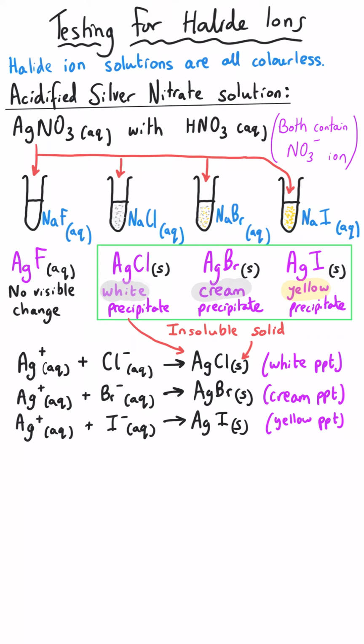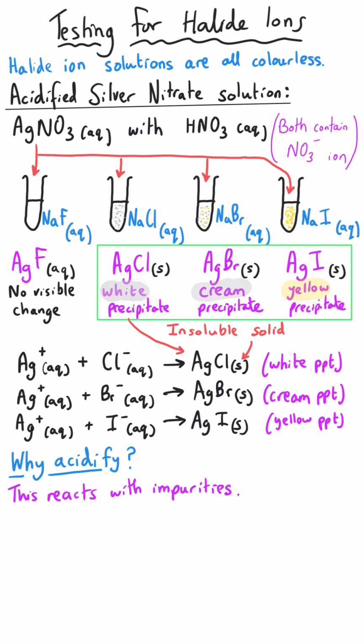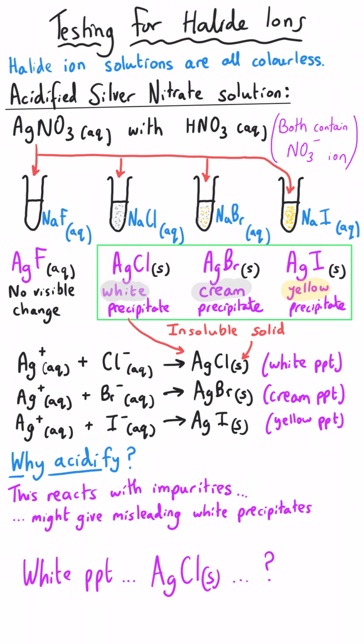The reason that we add the nitric acid in the first instance is that there are often impurities in substances, and these impurities can react with the silver and typically produce white precipitates, and that can lead to misleading results that make us think that the chloride ion is present when in fact it's not.